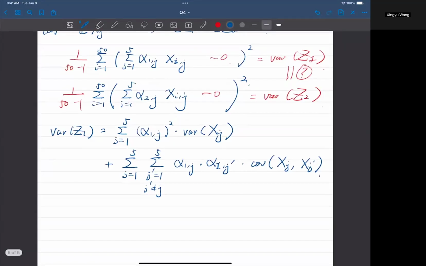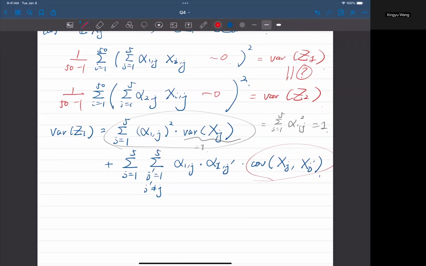For the first term here, we know that the data is standardized, so the variance of xj is equal to 1, and the sum over j from 1 to 5 of alpha 1j squared is equal to 1 because the norm of vector alpha 1 is 1. However, we have no idea what the covariance term is.